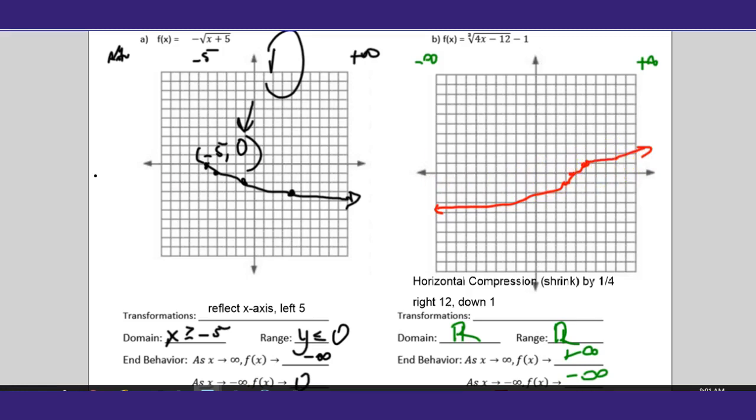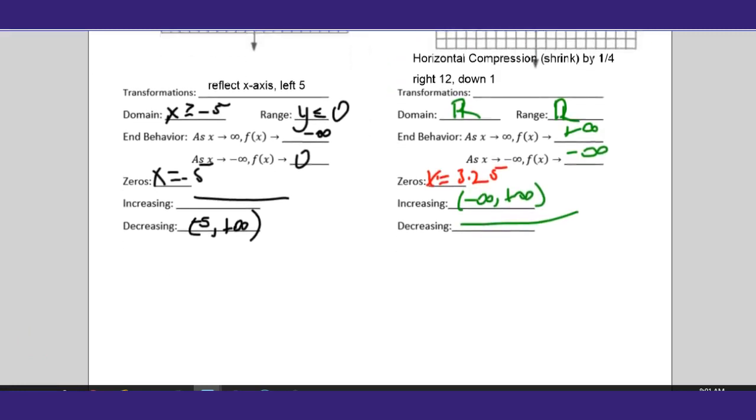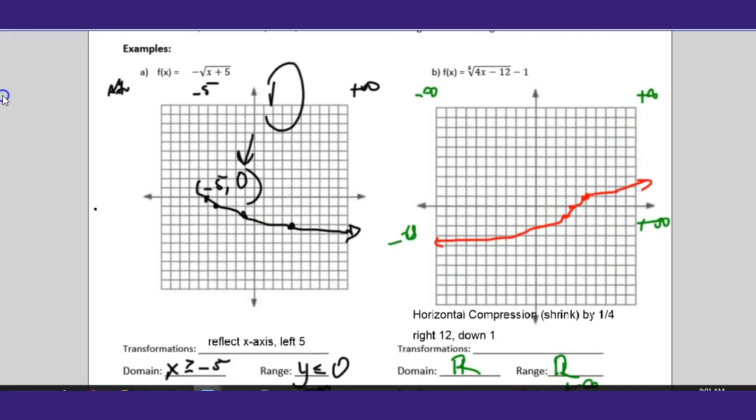So this is increasing. There's no decreasing. It is increasing from negative infinity to positive infinity. Now, that is graph examples A and B.